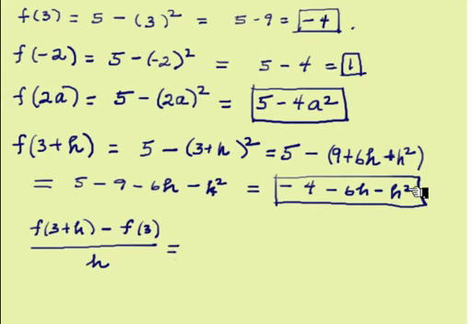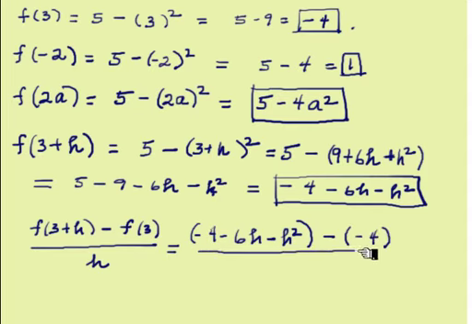So this is f of 3 plus h, so I'm going to put that here, in parentheses. And then in another set of parentheses, I'm going to put f of 3, that's minus 4. I'm going to put that right here. And then we have h in the denominator.